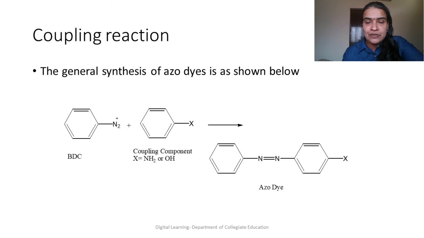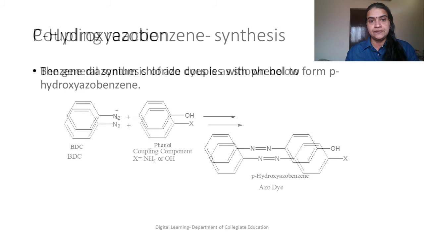So the para position carbon will be added to the nitrogen atom of benzene diazonium chloride to form a coupled product, that is azo dye. This is the general synthesis of coupled product on combining benzene diazonium chloride with a coupling component.